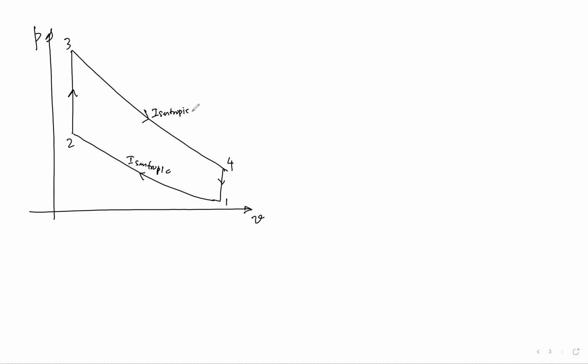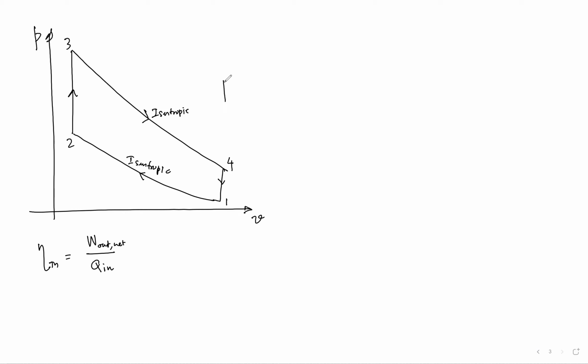Now let's see what the thermal efficiency is. Thermal efficiency is given by net work out divided by heat in. Now, for the net work output, this is a closed system, and it works on a cycle.